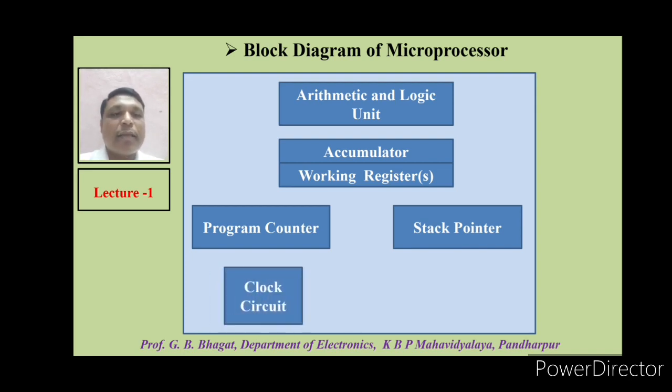The next, clock circuit. This is one of the very important blocks of this microprocessor because without clock signal any microprocessor will not work. The next, interrupt circuits block is there. This block is going to handle the various interrupts in the microprocessor.